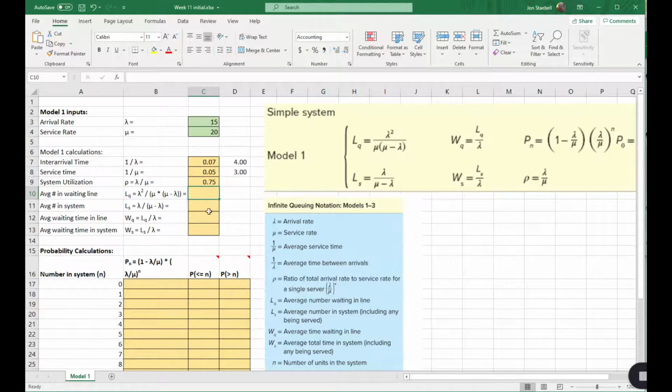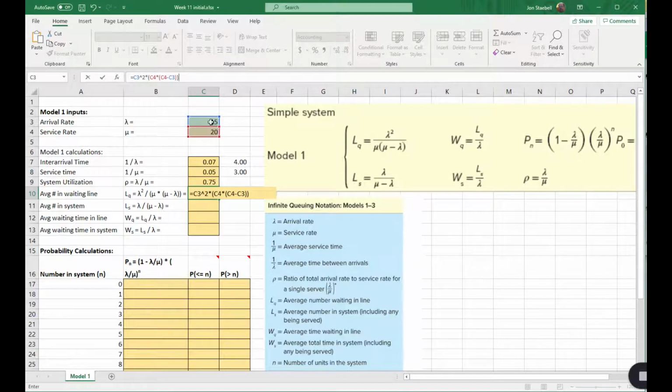The average number of people waiting in line is lambda squared divided by the quantity mu times mu minus lambda. So let's do that in Excel. First, we're going to do lambda squared, and then we're going to multiply by mu times parentheses mu minus lambda.